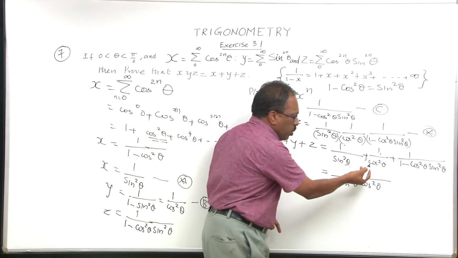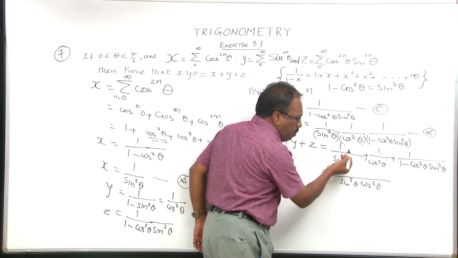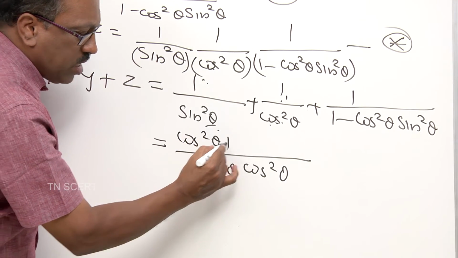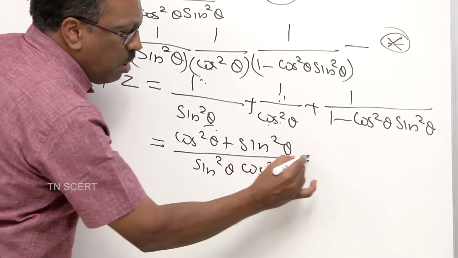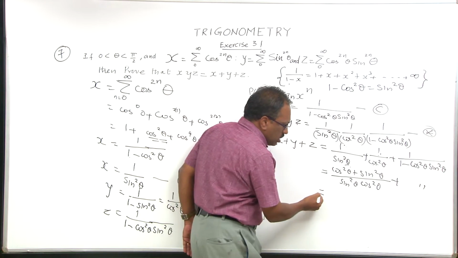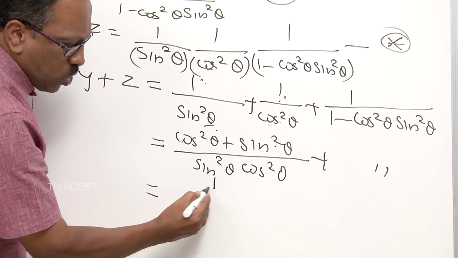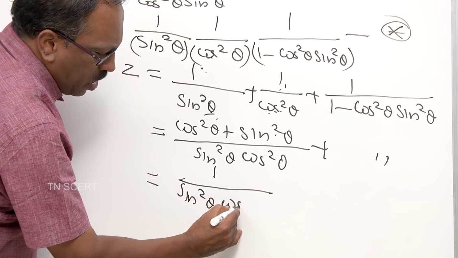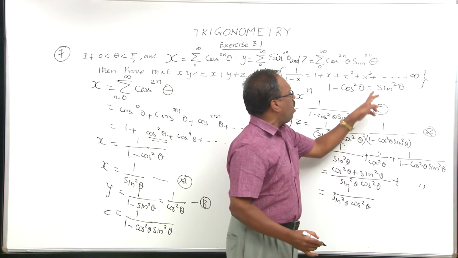When you take it, this will go up and this will go this side. So cos square theta plus sin square theta, and this is as it is. Now this cos square theta plus sin square theta gives 1 by sin square theta cos square theta.